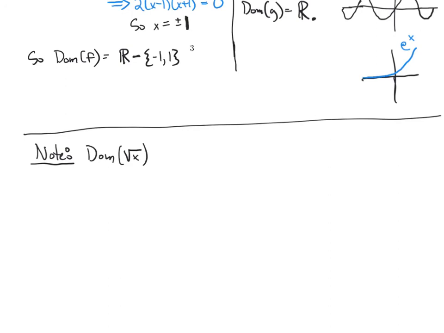So the domain of a square root is all real numbers x such that x is greater than or equal to 0. So that's the domain of a square root.